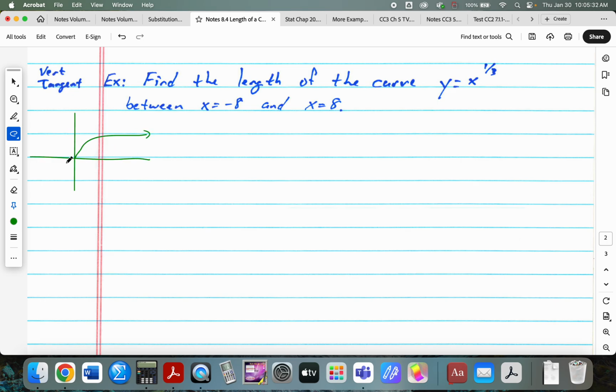It does like this, and then comes down here and does like this. And we're going to go from -8 to +8, and we're going to have a problem. Because although mine doesn't really look like it, if we were to zoom in at the origin, it would look like this. Why is that a problem?